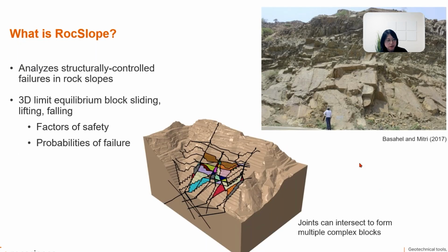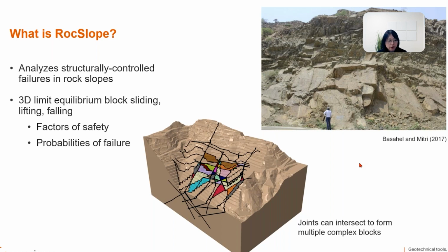First, what is RocSlope? We know that in rock slopes with hard rock mass and exhibiting jointing, the failures may occur through the defects that are weaker than the actual rock mass itself.